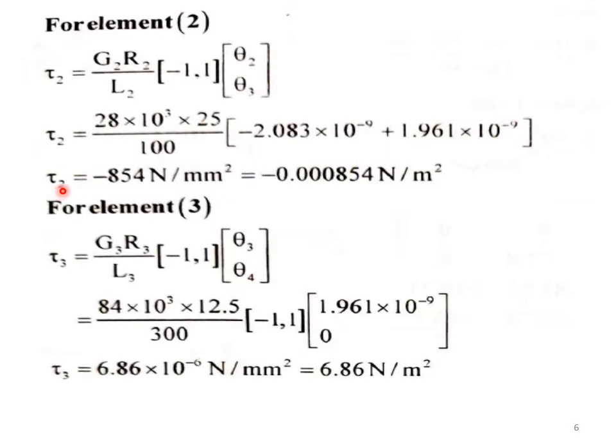By solving, we get the value of tau 2 as minus 854 Newton per mm square or minus 0.000854 Newton per meter square. For element 3, tau 3 is equal to G3 R3 by L3, [minus 1, 1], theta 3 and theta 4. Substituting all the values, we get the value of tau 3 as 6.86 to the power of minus 6 Newton per meter square or 6.86 Newton per meter square.